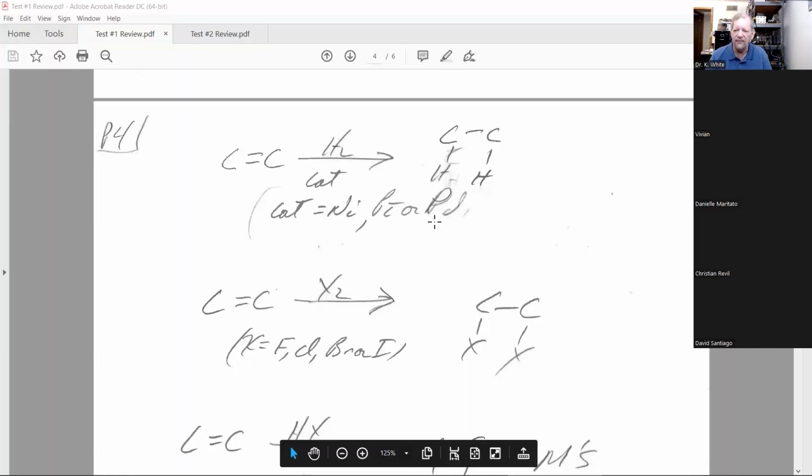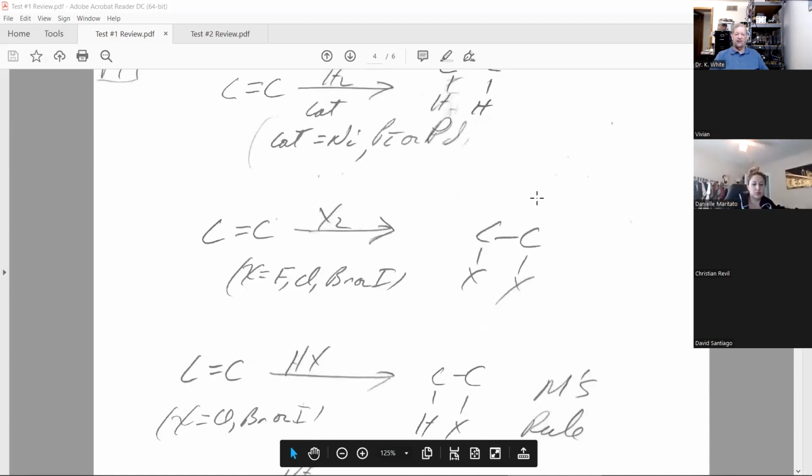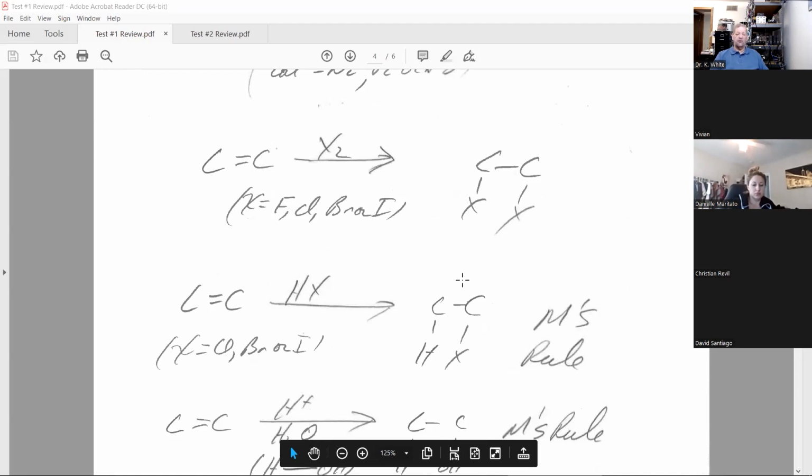All right, let's go back to where I finished off, which is talking about halogenation. Take a double bond, react it with halogen gas, and each carbon gets a halogen. Now, this is symmetrical addition to a double bond. We're adding the same thing to each carbon, hydrogen or halogen. What happens when you have unsymmetrical addition to a double bond?